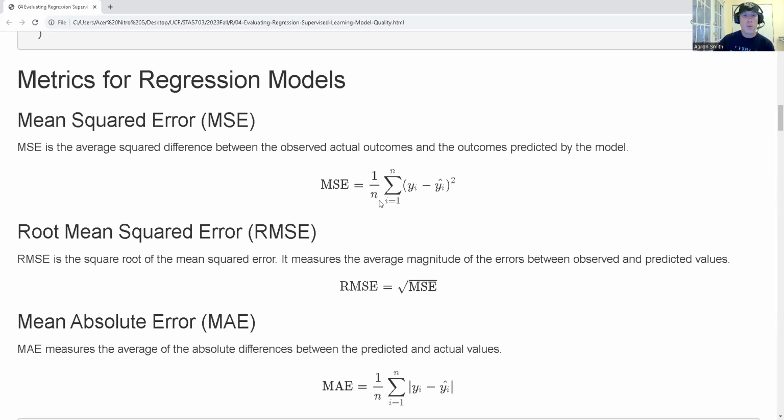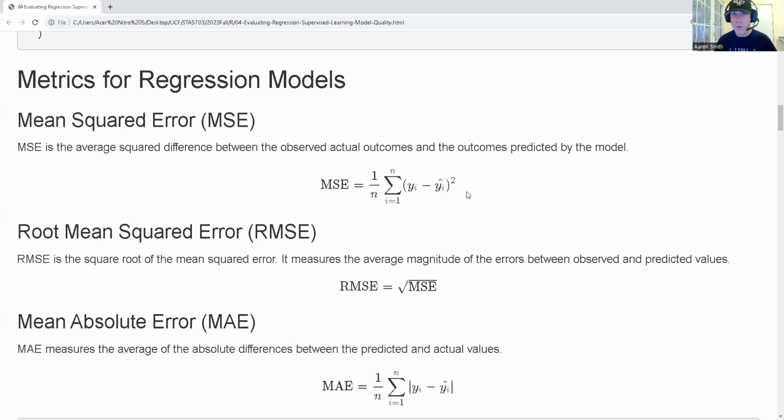Now, if you'll notice, the units for this are squared. So if my original model was in dollars, my mean squared error is in dollars squared. So it's a harder connection between the actual original values of my target variable and my MSE. And so dollars squared doesn't really make a whole lot of sense.